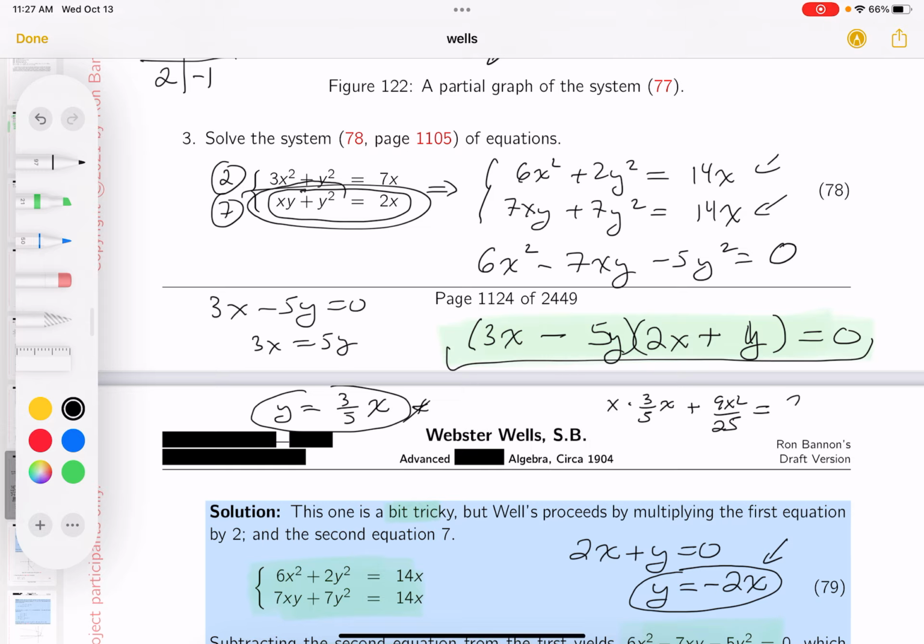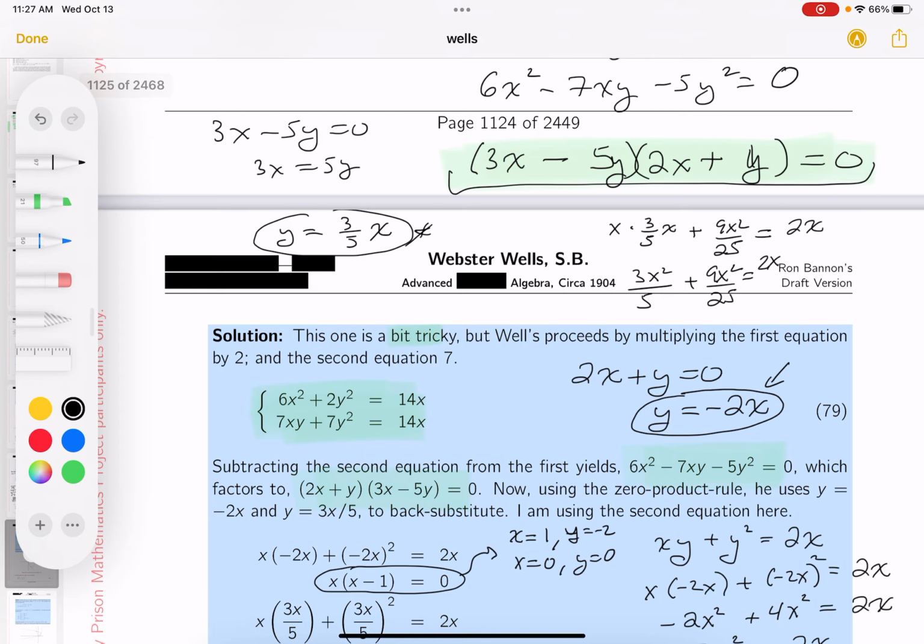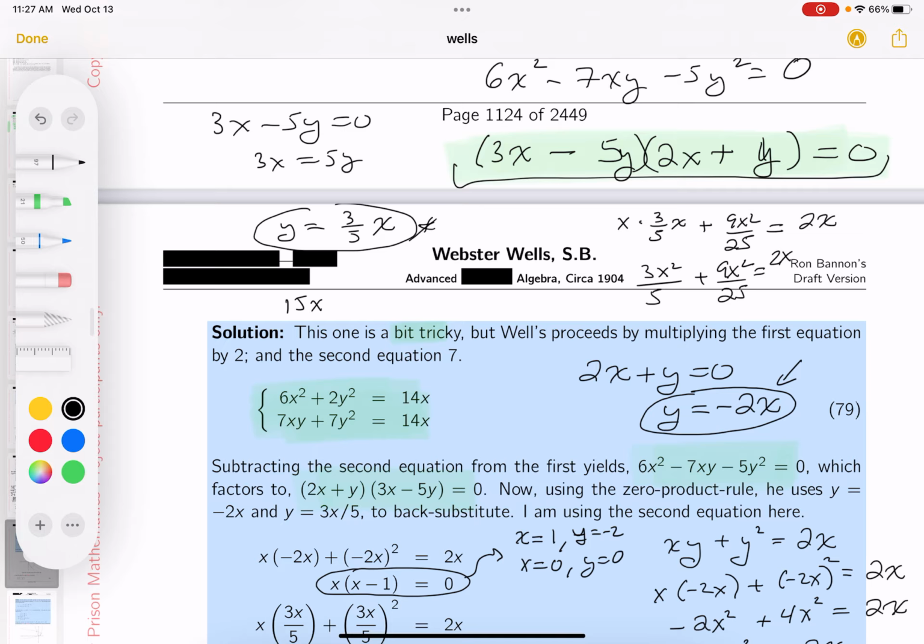equals 2x. Let's keep going through this. 3x squared over 5 plus 9x squared over 25 is equal to 2x. I'm going to multiply both sides by 25. 15x squared plus 9x squared equals 50x.